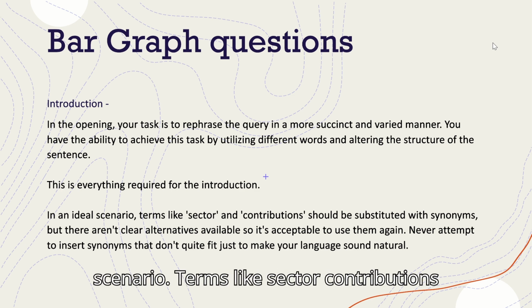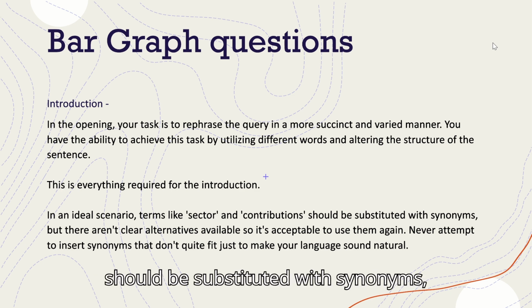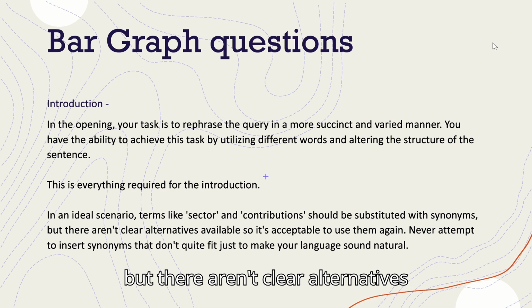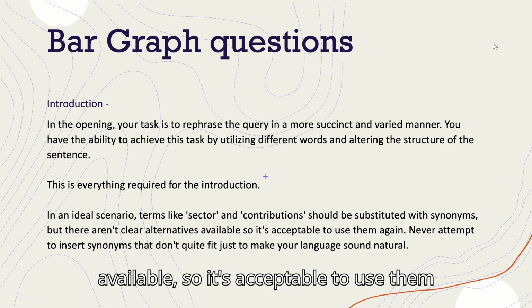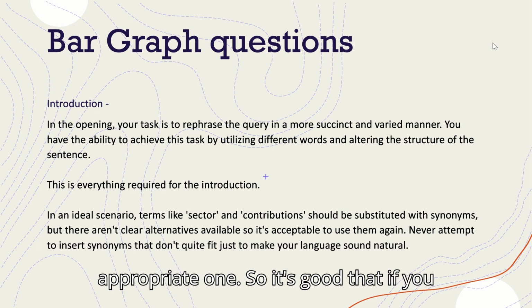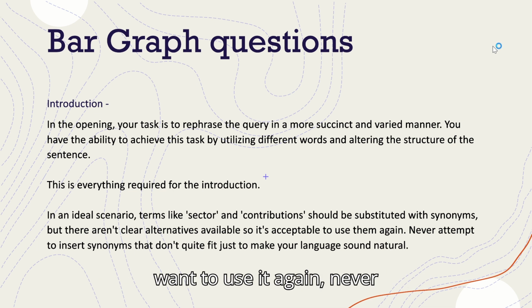In an ideal scenario, terms like sector and contributions should be substituted with synonyms, but there aren't clear alternatives available, so it's acceptable to use them again. For example, for sector, you may not find an appropriate alternative. So it's fine to use it again.